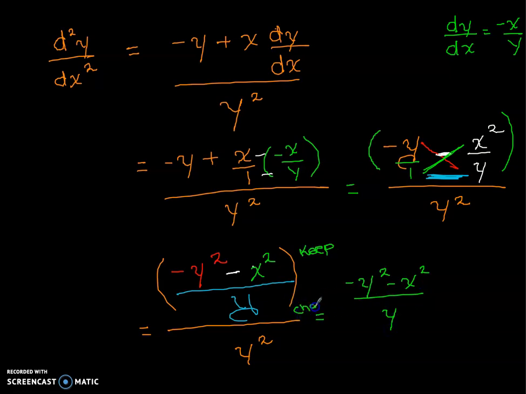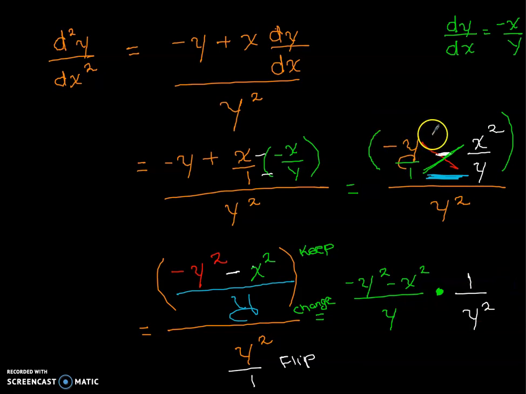Change, we change the division into multiplication. And flip. So the fraction form of y squared is y squared over 1. I'm going to flip it, and I'll get 1 over y squared.